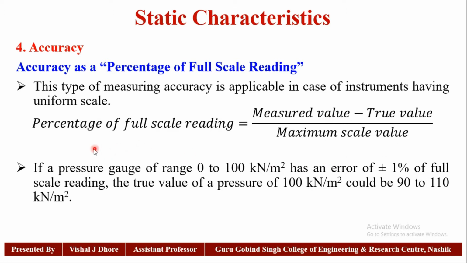If a pressure gauge of range 0 to 100 kilonewton per meter square has an error of plus minus 1% of full scale reading, the true value of a pressure of 100 kilonewton per meter square could be 90 to 110 kilonewton per meter square.